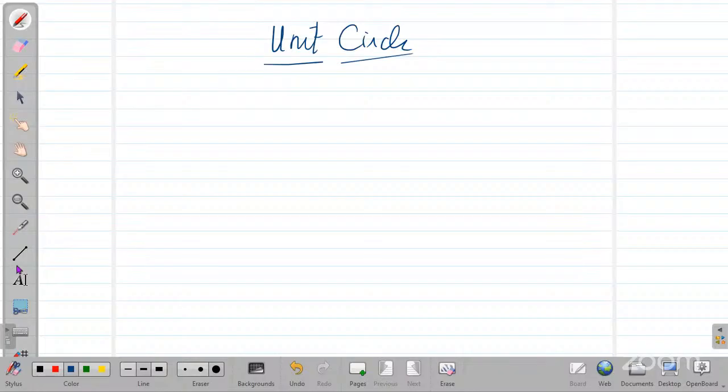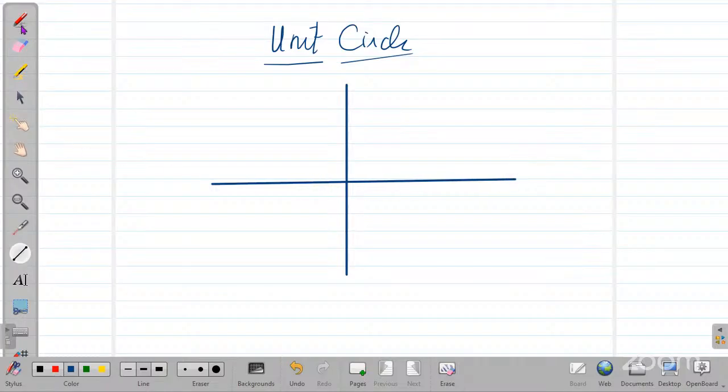So is it only about the unit circle or any concepts related to it? Just the unit circle and the concepts.